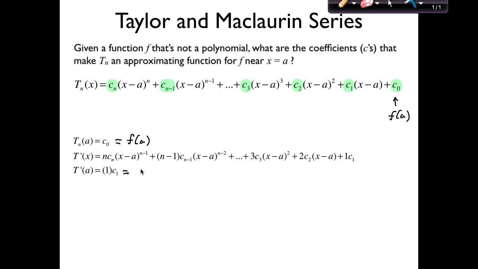Some people are saying it. f prime of a, right? That means make this coefficient the first derivative. And that makes sense, because this is like mx, the linear term. The coefficient on the linear term is the first derivative.